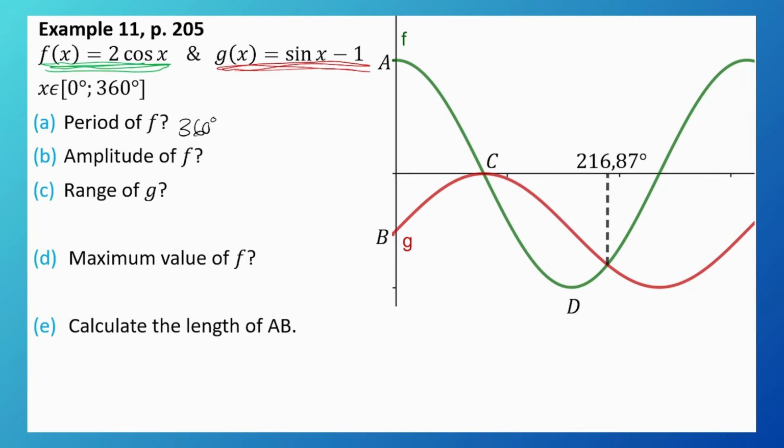So, just again, the period of a graph is how long it takes for that graph to complete a full cycle. So, if we look at f, here it starts. Then it goes down, there's a point of inflection here. Then it goes down, changes direction here at the turning point, goes back up.